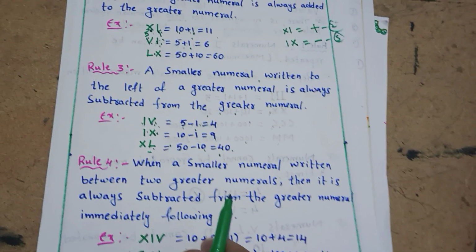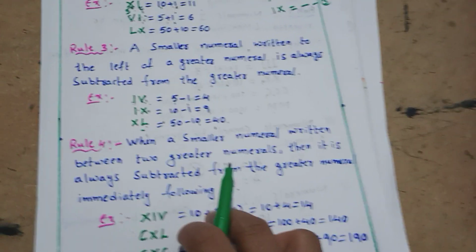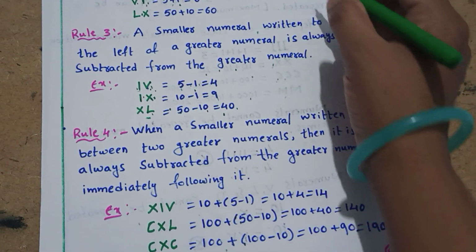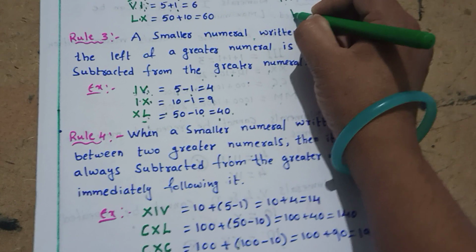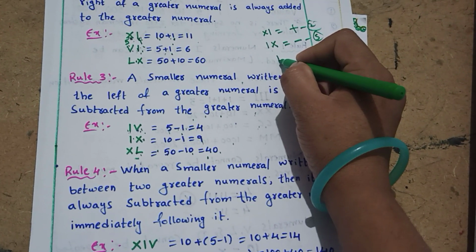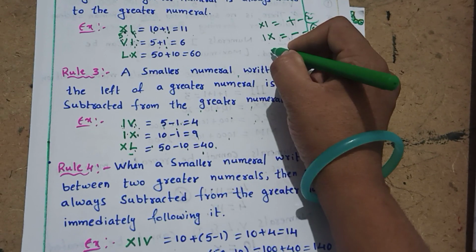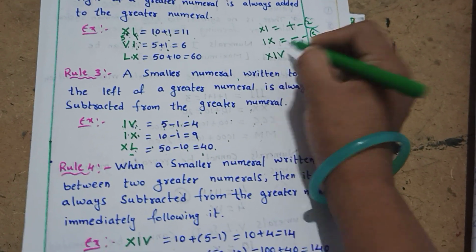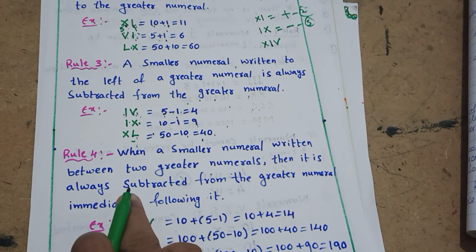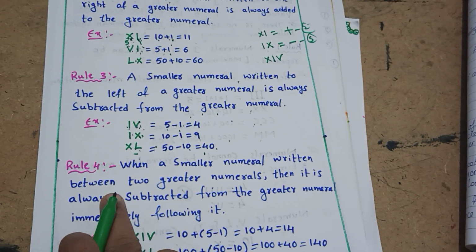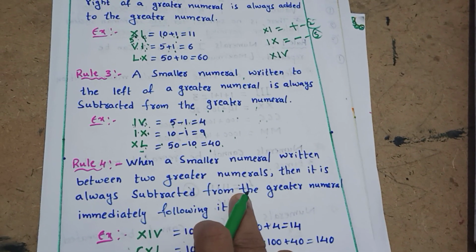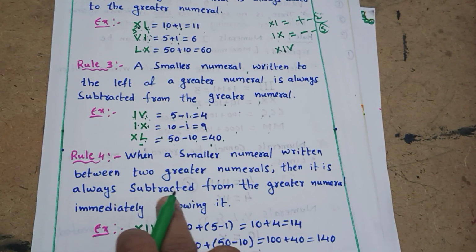In rule 4, if a smaller numeral is written between two greater values, then it is always subtracted.